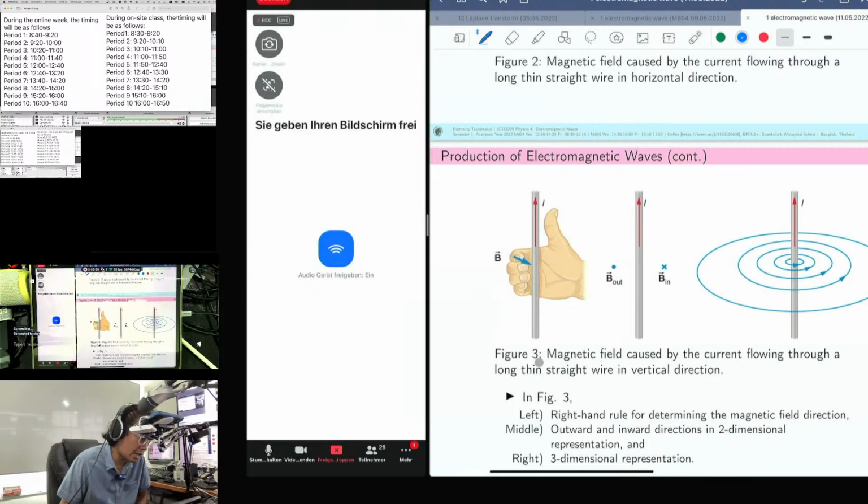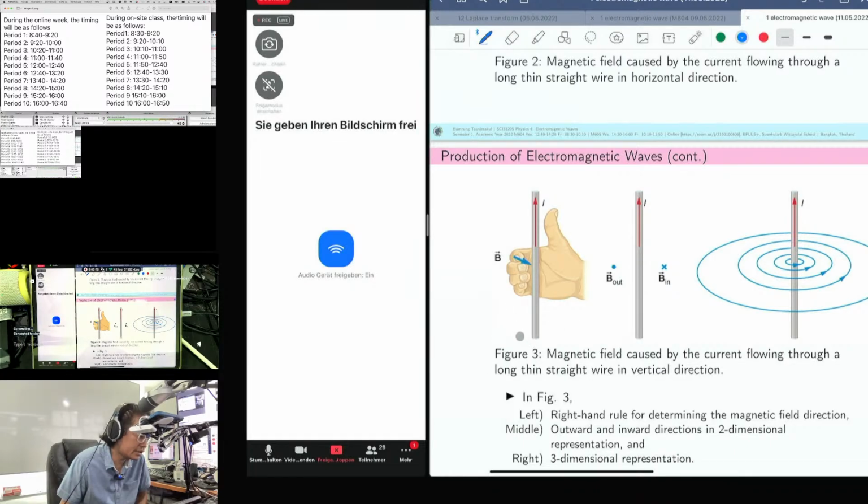If we arrange the long straight copper wire in the vertical direction like this, the thumb finger will represent the direction of the current, and the remaining four fingers will represent the direction of the B field. The B field will turn around this long straight copper wire in this way.